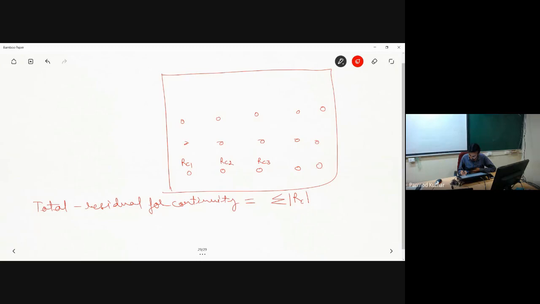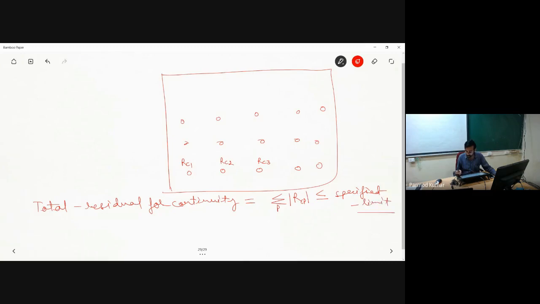Let me write it as RC sum P, and this summation I will be doing over all the nodes P, going up to the maximum number of nodes we have. It may happen that some of the residuals are negative, so positive and negative may result in zero value. That's why we don't consider sign here. We estimate the total residual for all the nodes, and only if that total residual is less than or equal to some specified limit do we say that our solution has converged.